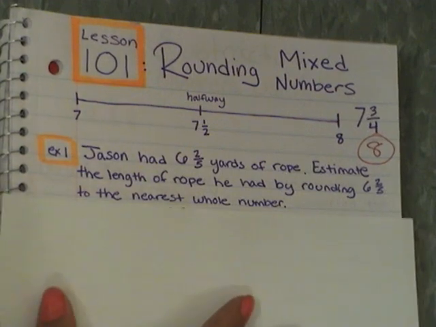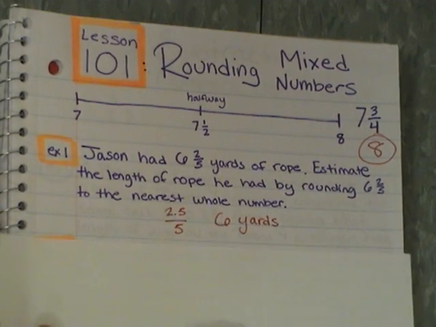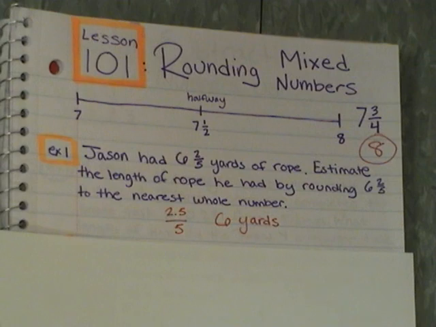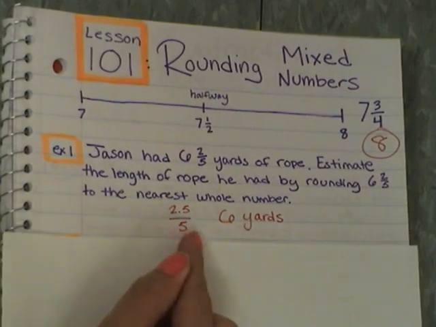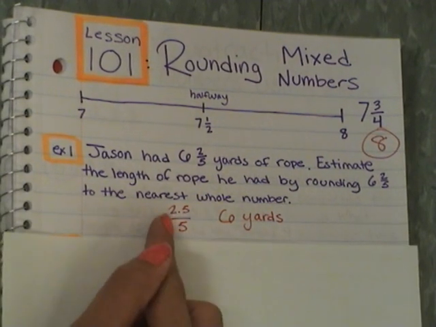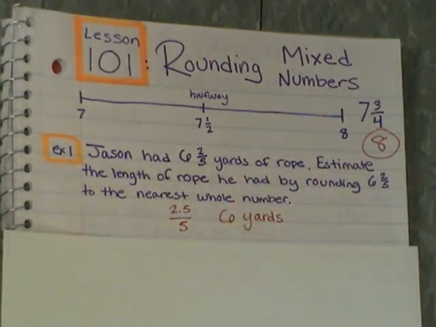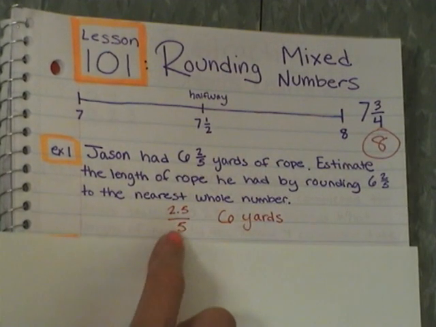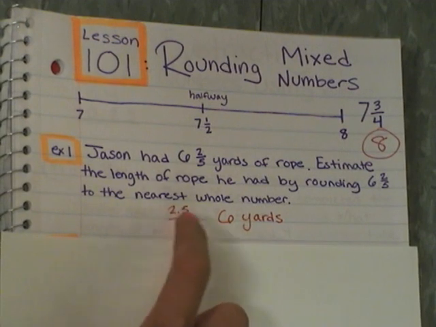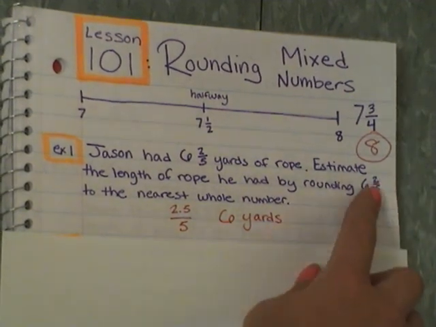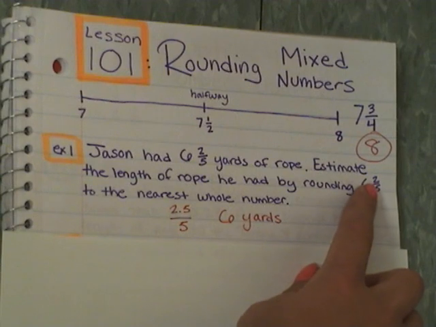Alright, so here is your answer pretty much. I put my denominator and then broke it in half, which is 2.5. Now you never really put a fraction over a fraction as your numerator, but I'm just doing this so I can show you how it works. Half of 5 is 2.5. Now I look at my numerator of 6 2/5, and I have a 2.